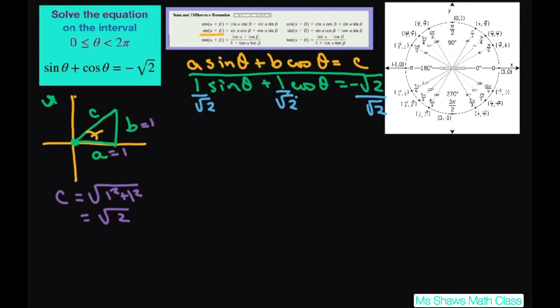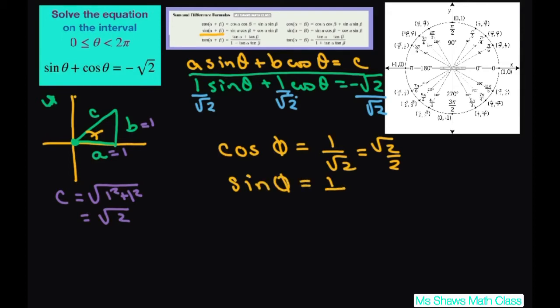Cosine of phi is adjacent over your c, and your c is square root of 2, so this just equals square root of 2 divided by 2. Same thing happens with sine of phi, which is opposite over your c, or your radius, which is square root of 2, and that's square root of 2 divided by 2. So our angle phi is going to be pi divided by 4.